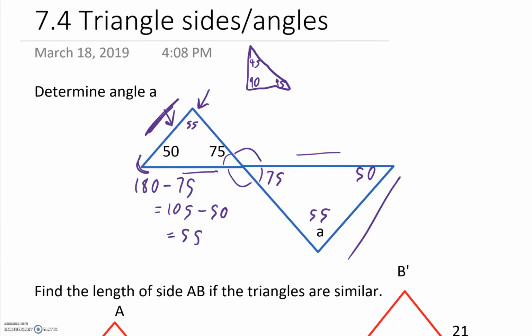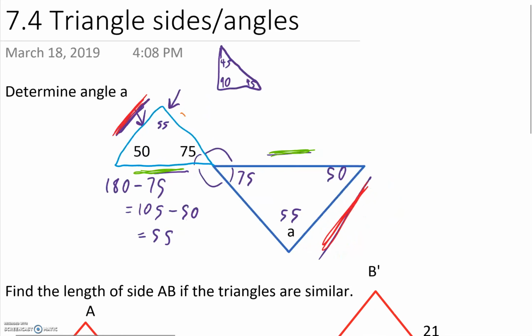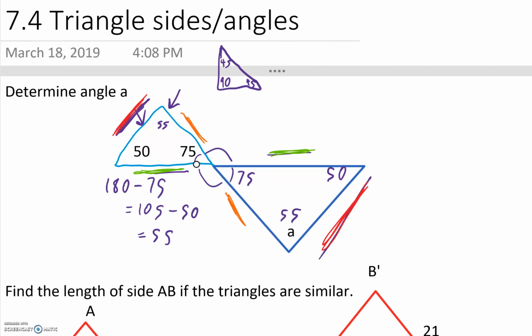Okay, so the point here is to notice that actually, if the angles are the same, so red and green here, where red and green meet is going to be where red and green meet on the other side, or where orange and green meet is where orange and green meet on the other side, and where red and orange meet is where red and orange are going to meet on the other side.